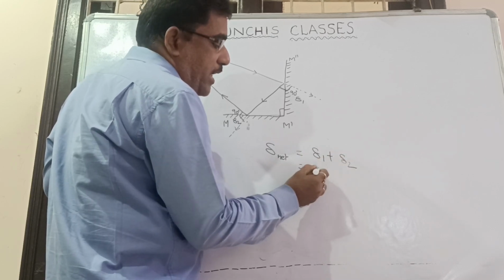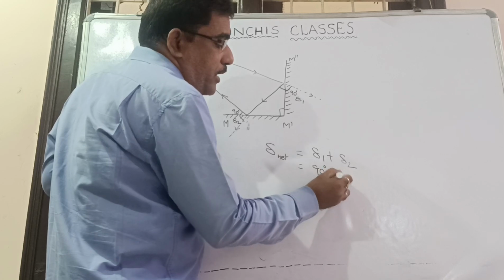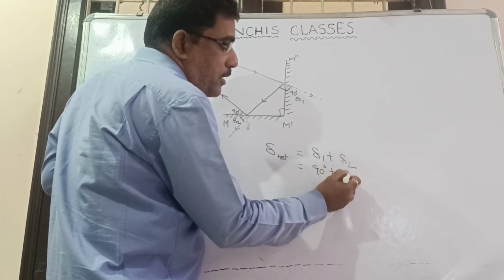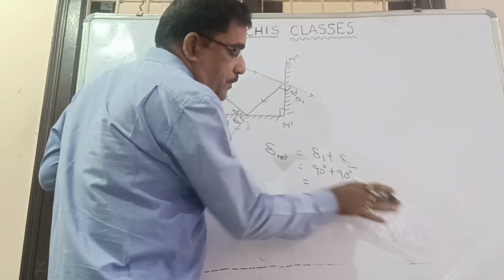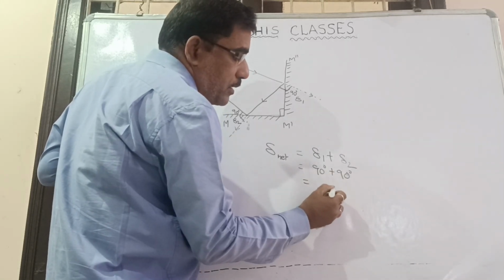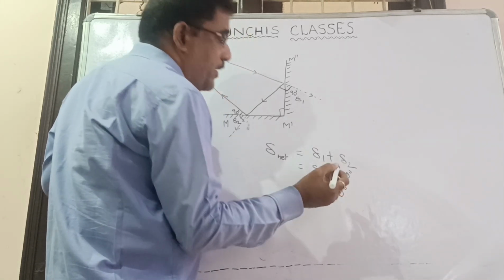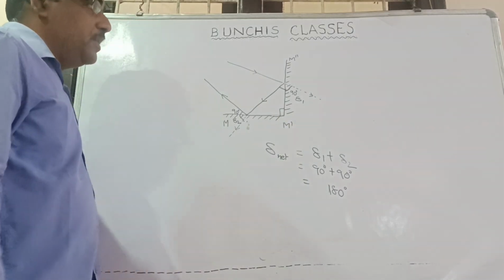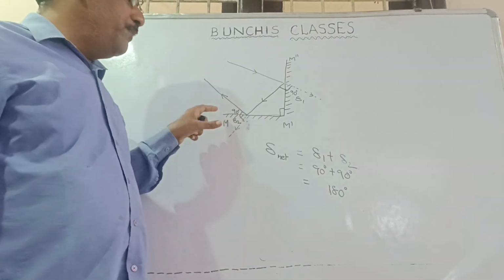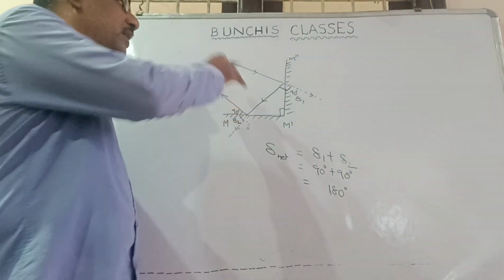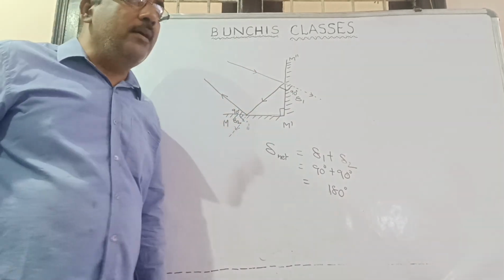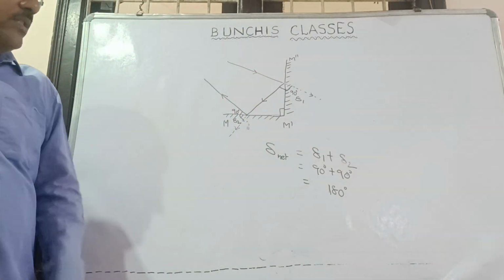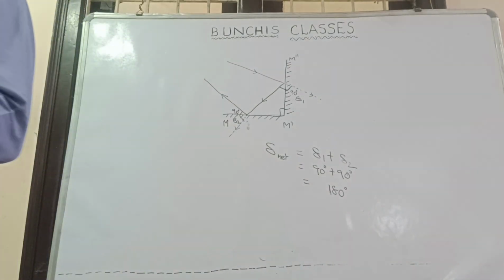That is equal to 90 plus 90, that is equal to 180 degrees, which is anti-parallel. So observe this. When two plane mirrors are arranged perpendicular to each other, emergent ray is always anti-parallel to the incident ray. You note this one also.